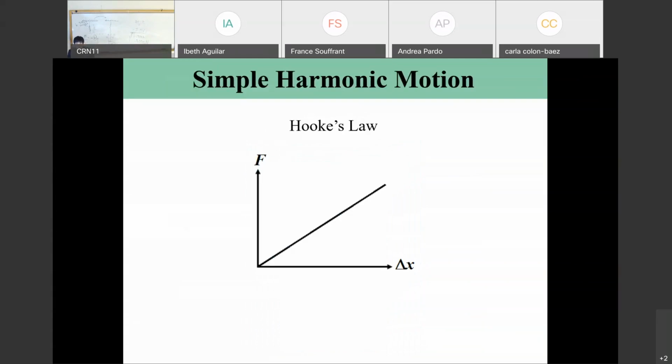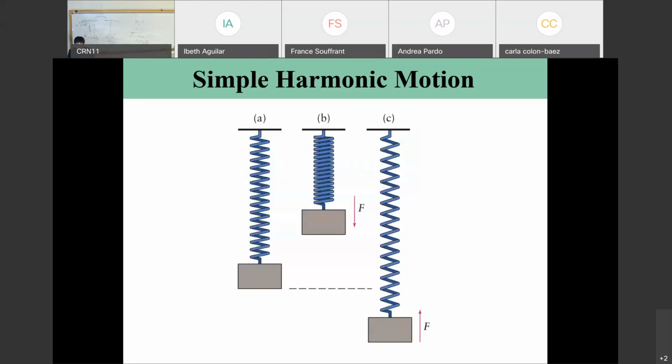Okay. Now, there is also a way to find the period and frequency. So let's suppose you have this spring and you know the constant of the spring. As you put masses, the spring can be in equilibrium. But then, as I said, you can pull it down and the spring will start going up and down, right?